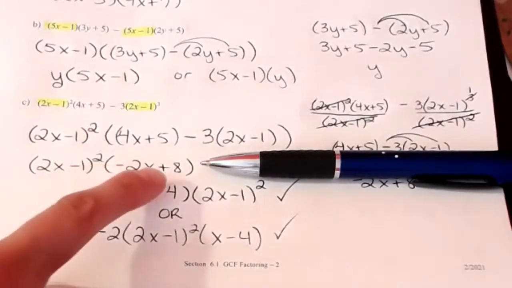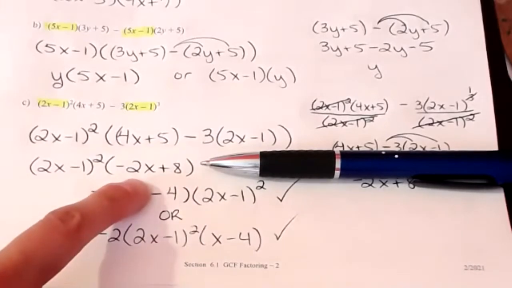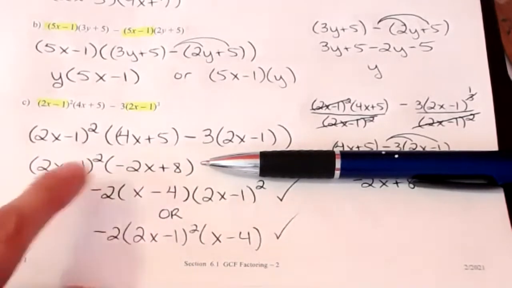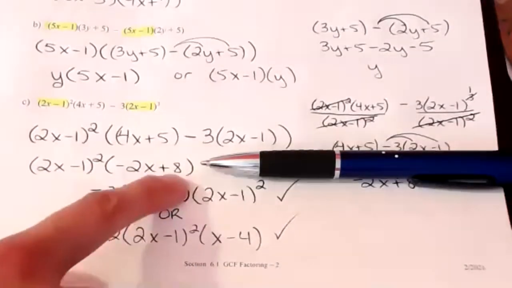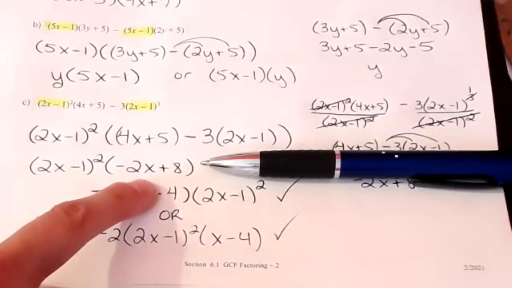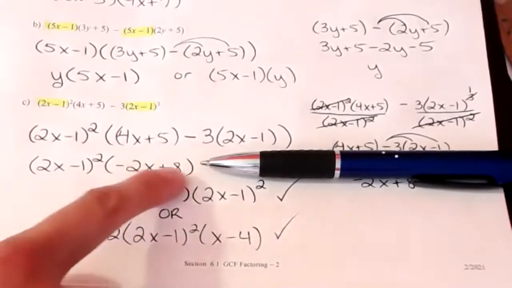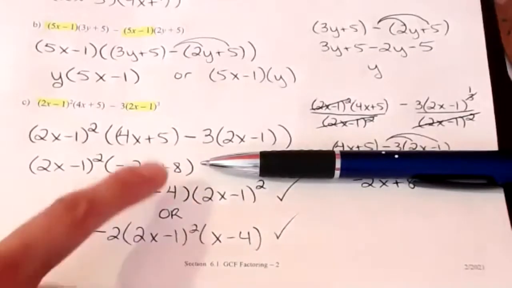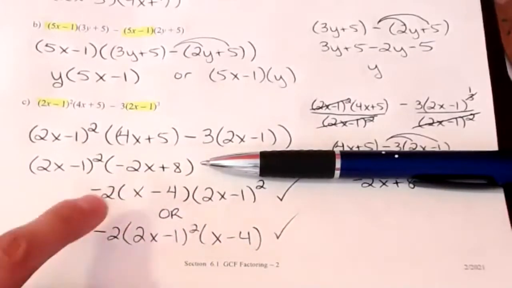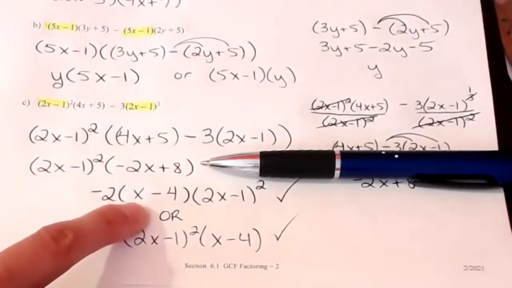But when we looked at that negative 2x plus 8, we definitely can factor out a negative 2, and you have to. Because we're in 104, you're going to see this constantly. Get used to the idea of saying, oh shoot, now I've got to look at each of them to make sure I actually finished it, because this one we didn't, which is why we factored out that negative 2. So when I divide out that negative 2 from both terms, that leaves me with x minus 4.